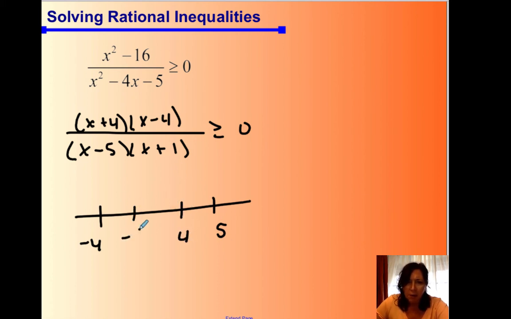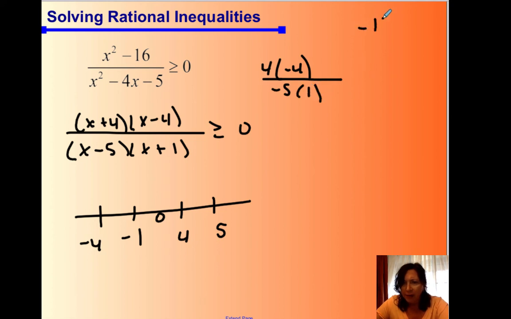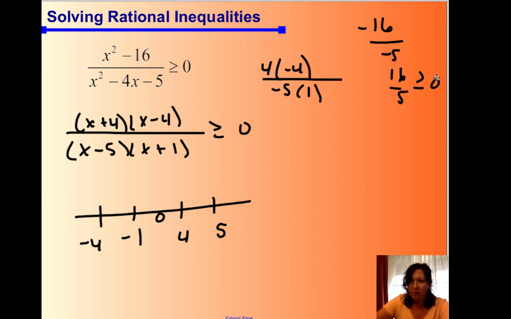Okay, and plug in the value 0. And so we're going to go 4 times negative 4 over negative 5 times 1. So that's negative 16 over negative 5, which is 16/5. Is that greater than or equal to 0? That's a true statement. So here is up. We have no multiplicities, and it does this. Down, up.